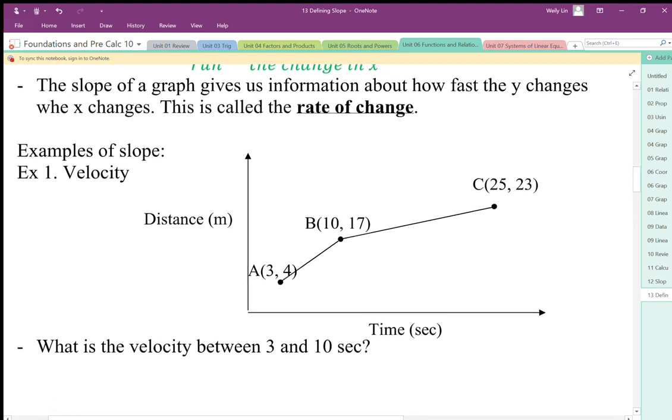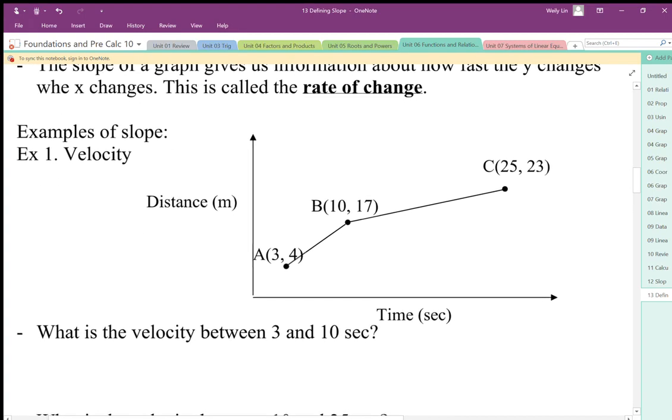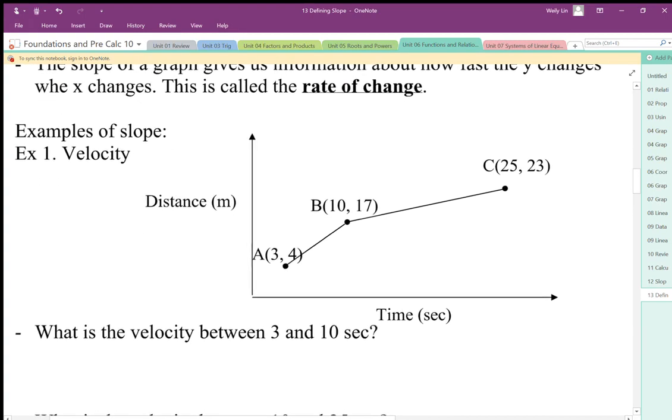So some examples of slope are things like velocity. Velocity is a rate. Okay? Velocity is the rate of change of the distance compared to the change in time. So when we graph a distance time graph, along the horizontal, or x, my input is time, and my vertical, my y, my output is distance.